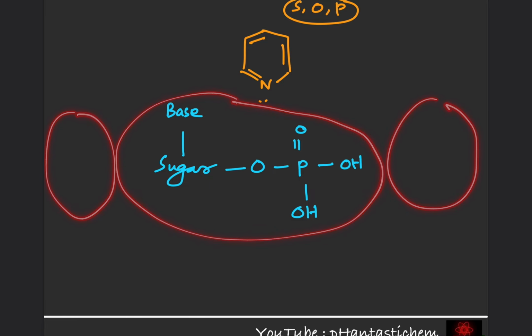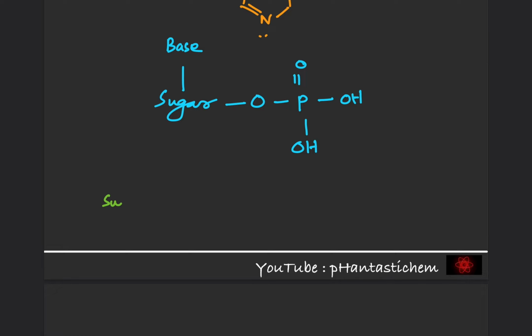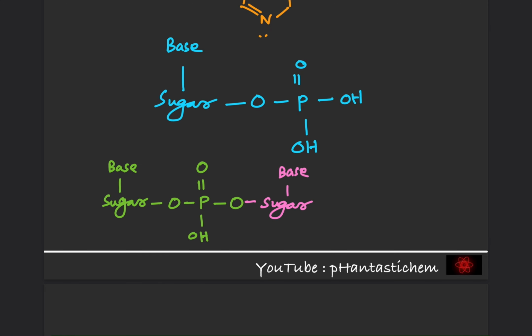So we can represent the nucleic acid like this: sugar connected to base, then phosphate, then again sugar connected to base, connected to another phosphate group, and it goes on.